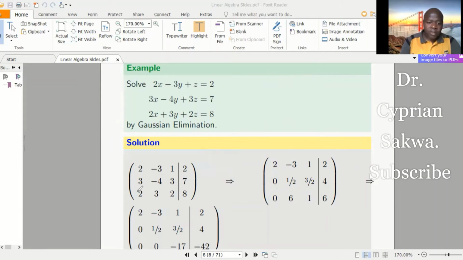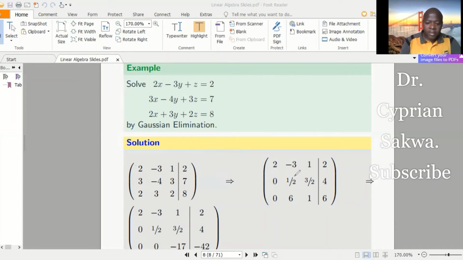I now want a 0 in this position, and I said I would take row 3 minus row 1. So 2 minus 2 is 0, 3 minus 3 is 6, 2 minus 1 is 1, and 8 minus 2 is 6.